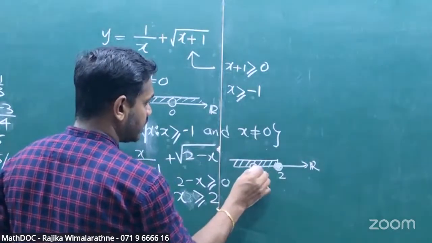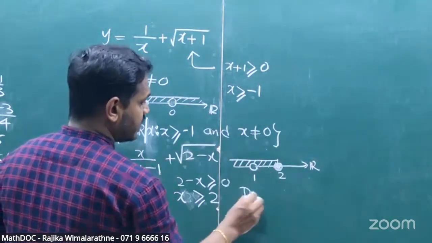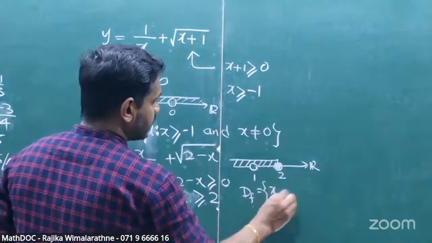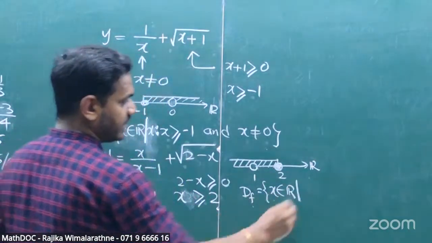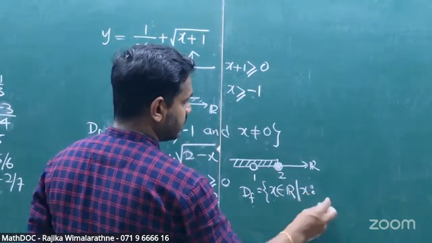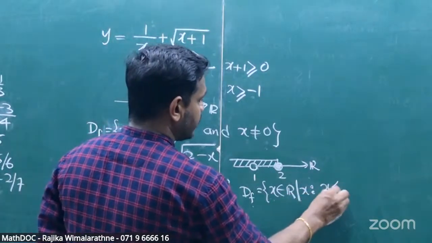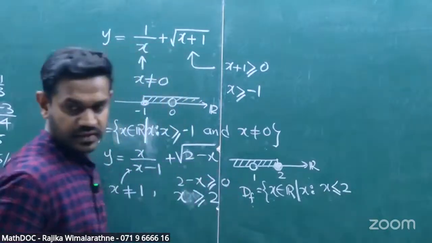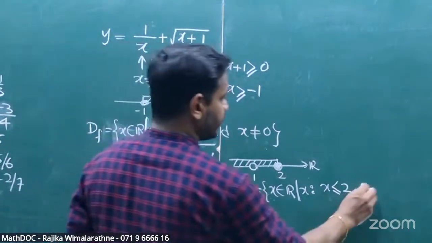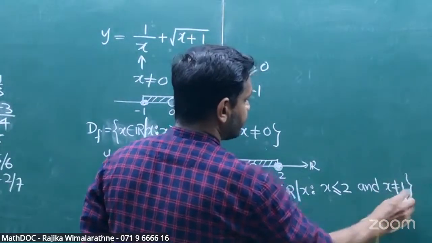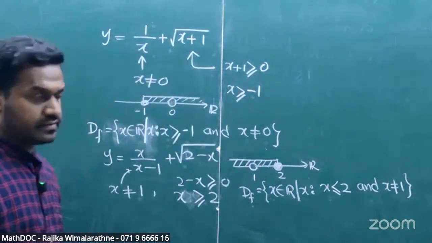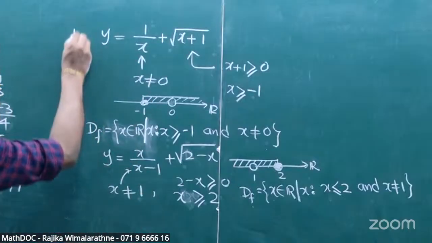This is a hole. Therefore the domain is x real values, x such that x is less than or equal to 2, and you have to remove x not equal to 1. Okay, do those examples.